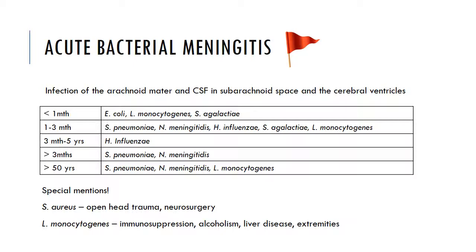So special mentions, Staph aureus you can get in the case of open head trauma or after neurosurgery. It can be introduced to the wound. That's really bad, and that's actually not completely uncommon. And Listeria monocytogenes can occur especially in the cases of immunosuppression or in liver disease. And then when I said extremities, it's just the extremities of age. So then you can see they're less than 1 month and then greater than 50 years from the table.